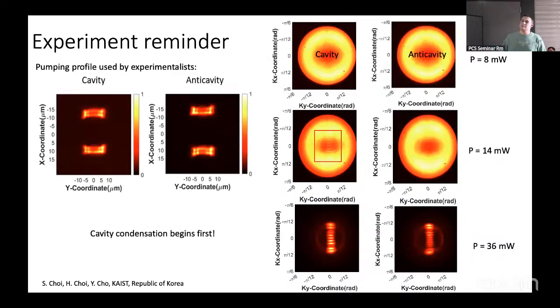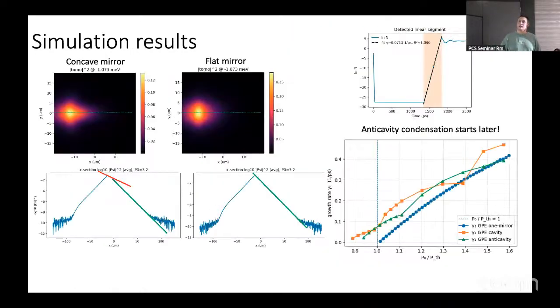Okay, so as an experiment reminder, we should focus our attention on the condensation threshold, which was measured for cavity and anti-cavity cases. For the cavity, this pumping threshold was lower. So we should somehow understand this fact. To do so, we can take a look at just two mirrors.